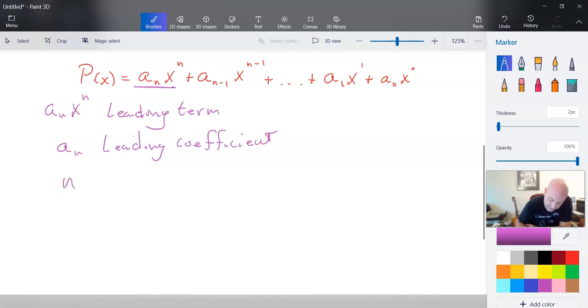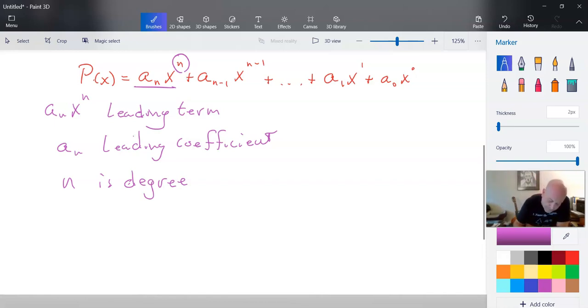And n, that exponent right there, is always the biggest exponent you have in your polynomial. n is the degree of the polynomial. So this is an nth degree polynomial. And we use nth degree just because it's general. We can talk about all kinds of stuff.